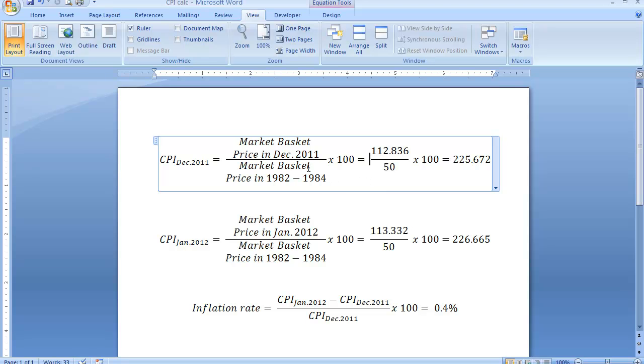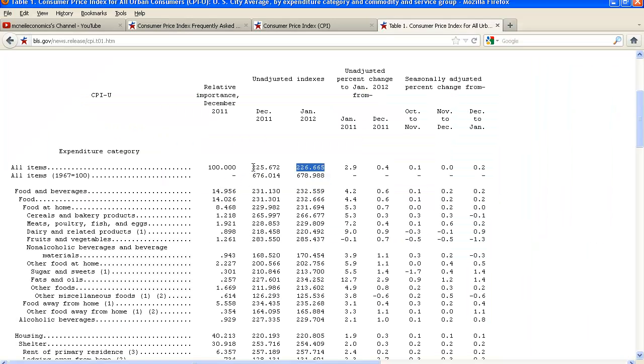They have a market basket price, let's say it's 50, and then they'll find the price of the market basket in some other period. December 2011, for instance. Well, if the market basket price was 50 in 1982 to 84, then the market basket price in December 2011 must have been 112.836 in order for the actual CPI to be 225.672, keeping in mind that that is what it actually was.